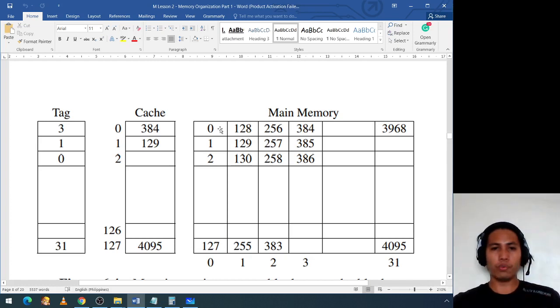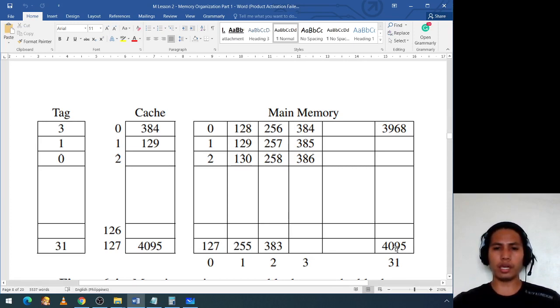Okay? So we have these memory blocks. So 0, 1, 2 up to 127. Then 128, 129, 130, 255, 256, and so on up to 4095. That is, we have 4K memory locations.